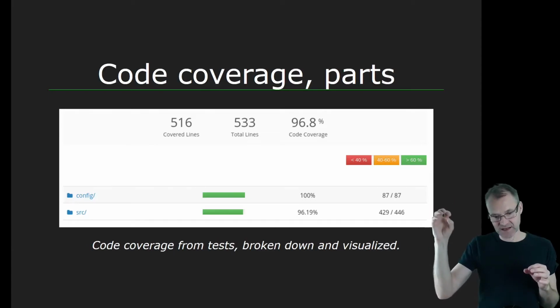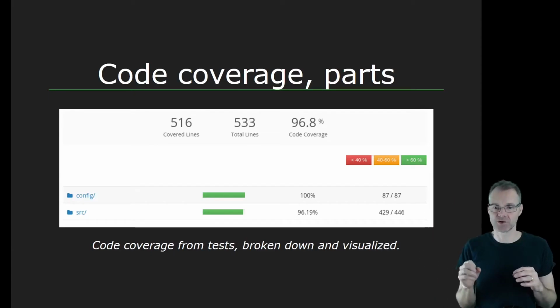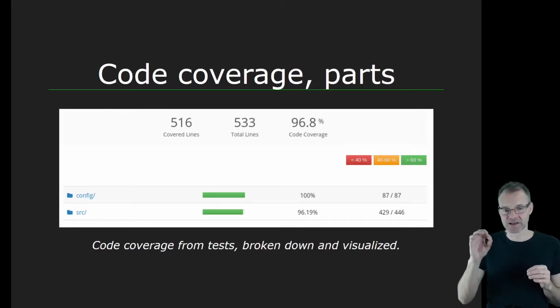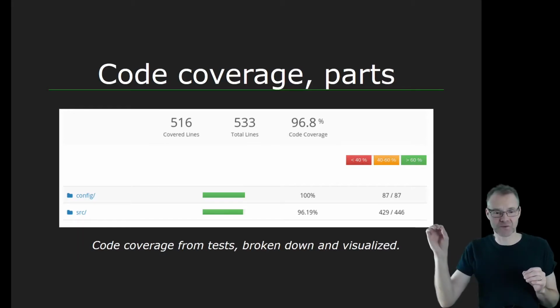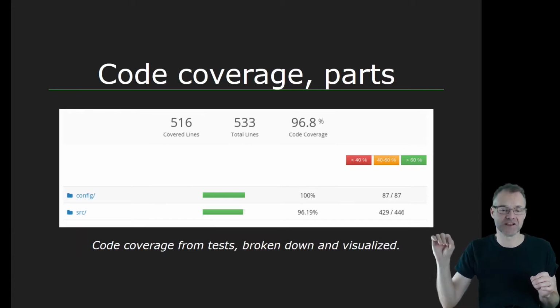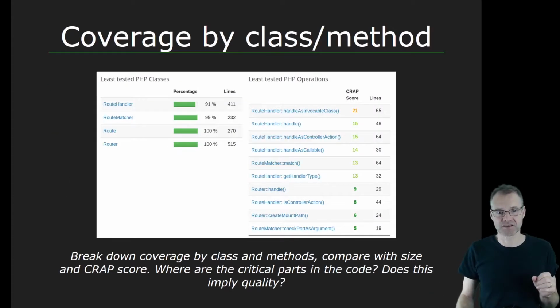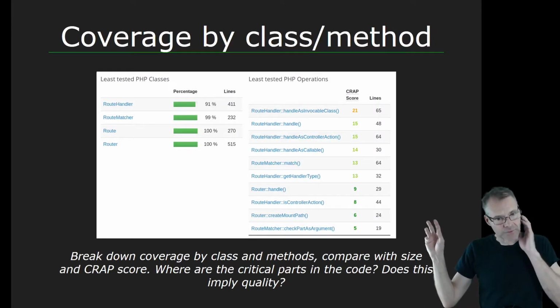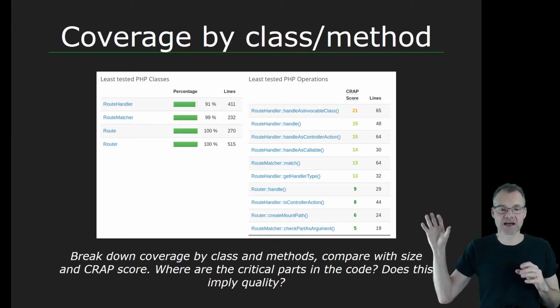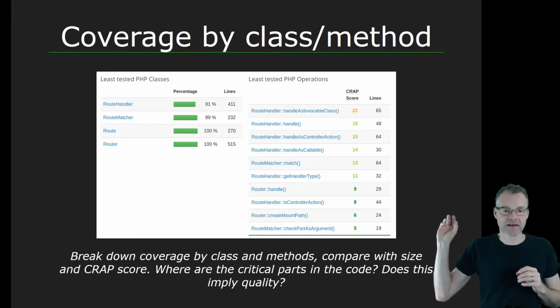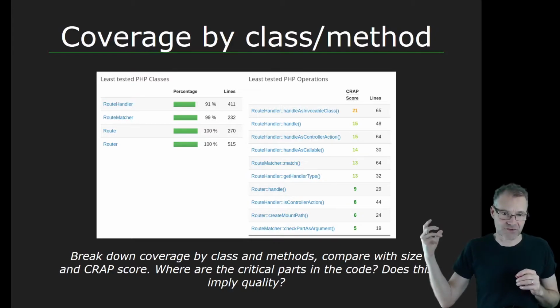So yes, not only the source code. That's a small quality thing one can see when we go deeper here. We also see that the code coverage is 96% of the source. Config has 100%.